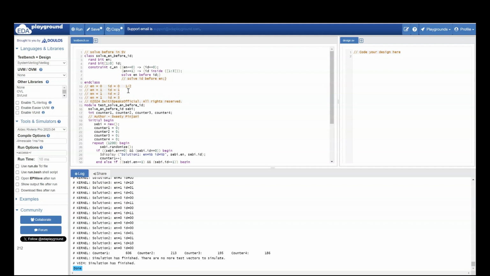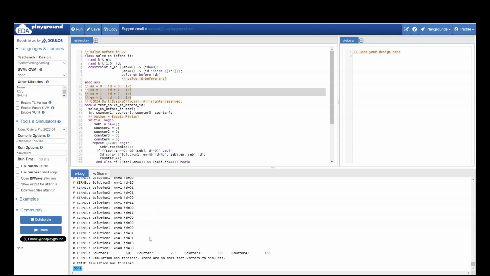It means each of them is going to have 1/6 probability. Here also 1/6 and 1/6, which means enable equal to 0 will get generated with half probability, and enable equal to 1 will get generated together with half probability.